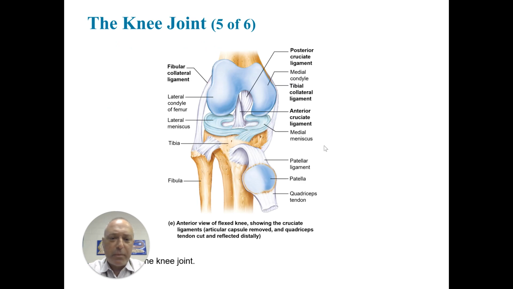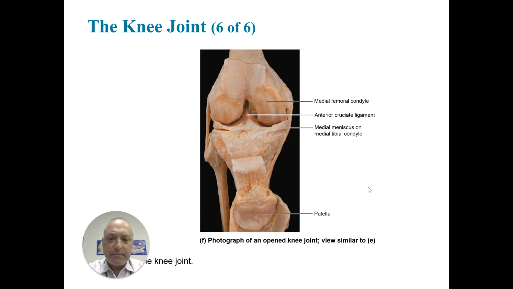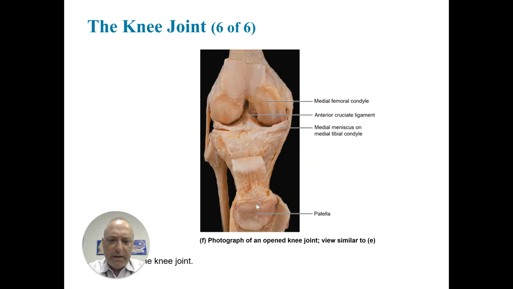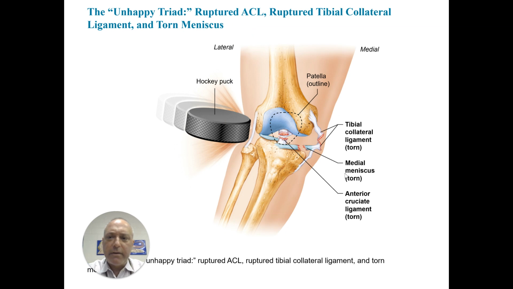Just another picture showing the anterior and posterior cruciate ligaments, and a cadaveric one showing these same ligaments. So this is a posterior picture. You can't see the meniscus. I'm sorry. Okay, well, the patella has actually been deflected. So let's go on here.